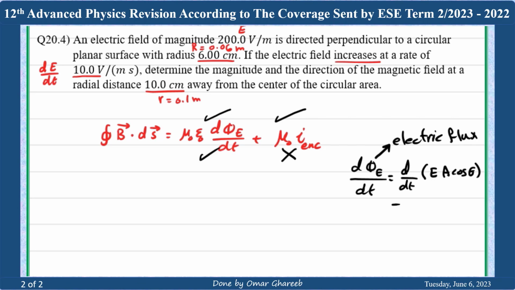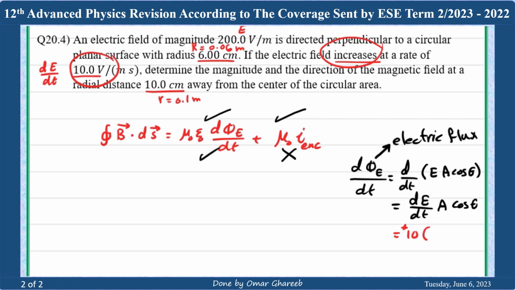The area is constant and the cosine is constant, so the change is only in E, dE by dt, and we have A cosine theta. Now substitute dE by dt, it is 10 as given by the question, and it is increasing, so it is positive. The area is pi r squared.